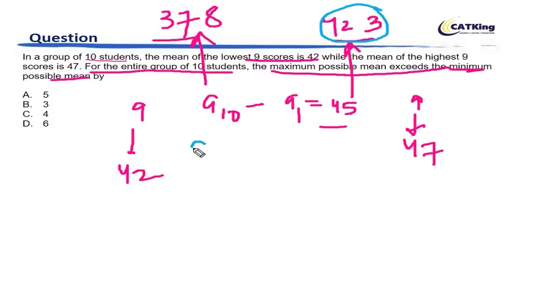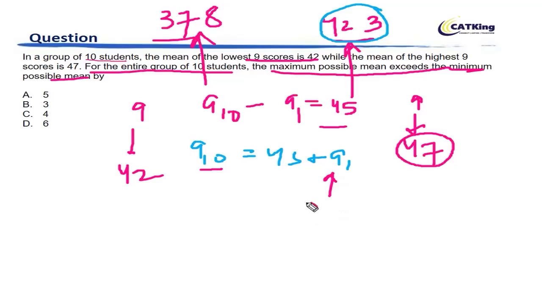See, A10 is equal to 45 plus A1. Can I take 0 for A1? If I take 0, then the last number will become 45. The mean of the last 9 numbers is 47, and therefore the biggest number, which is the last number, should not be less than 47.